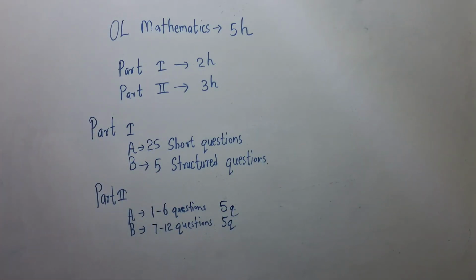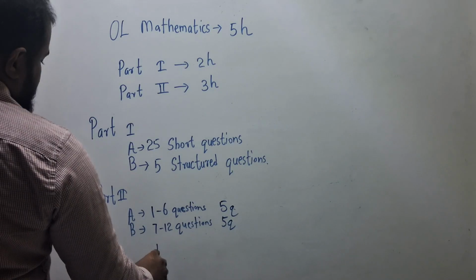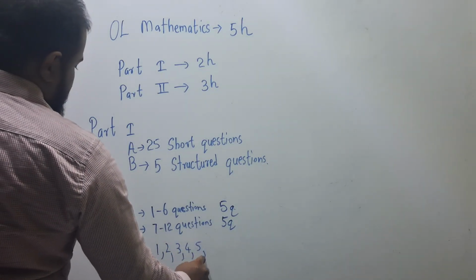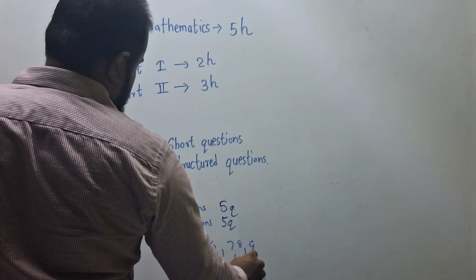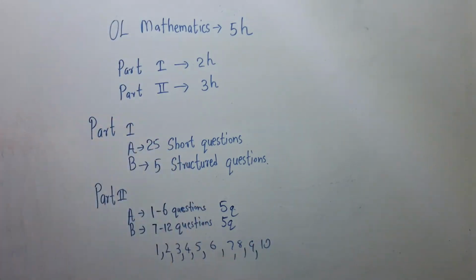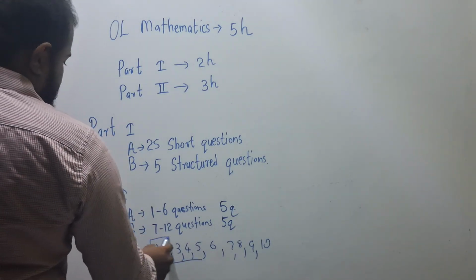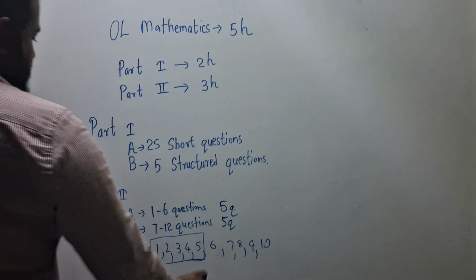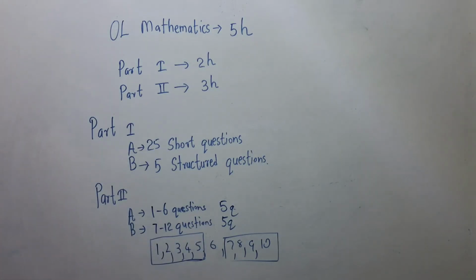That means you have to answer 10 questions, but you cannot answer like 1, 2, 3, 4, 5, 6, 7, 8, 9, 10. If you do that, you have answered 5 questions from the first part, but only 4 questions from the second part.